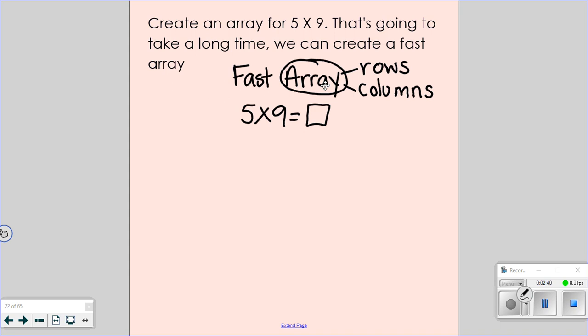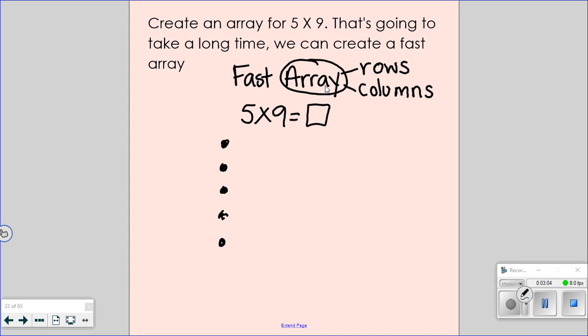Let's go ahead and draw 5 dots in one column. Again and again. We've got our 5. And then going across, I'm going to make sure I have 9, but I need to make sure I count this one.